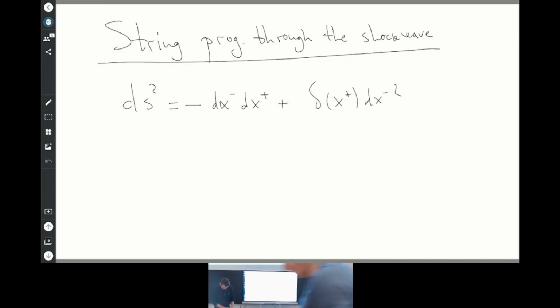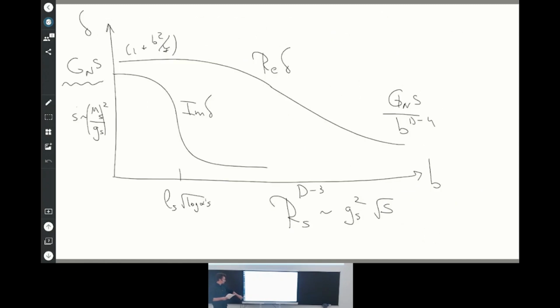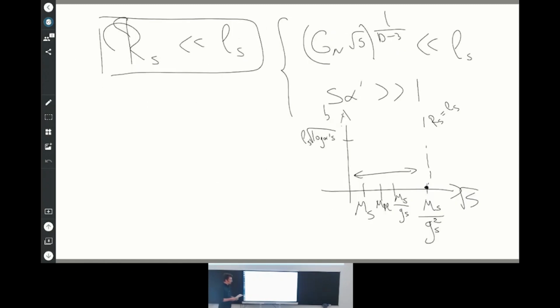Since you're just doing tree-level, I would have thought that the condition is that the loop correction is small. Yeah. So in the diagram that you wrote earlier, long before you get to the correspondence point, you will have to take into account loop corrections. Yes, exactly.